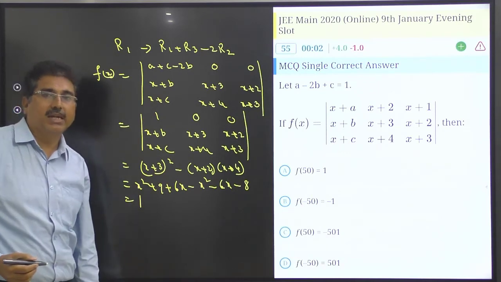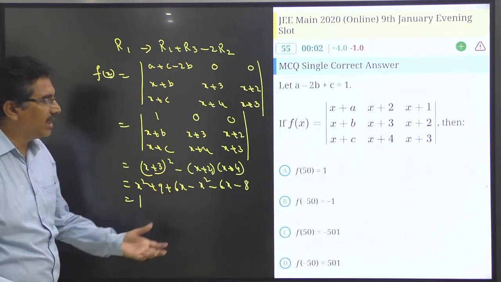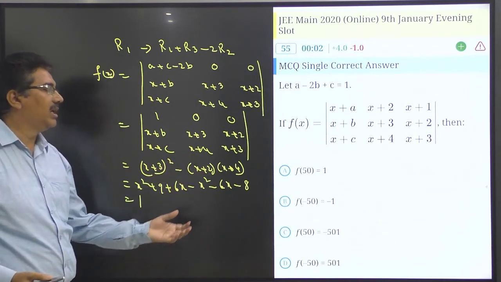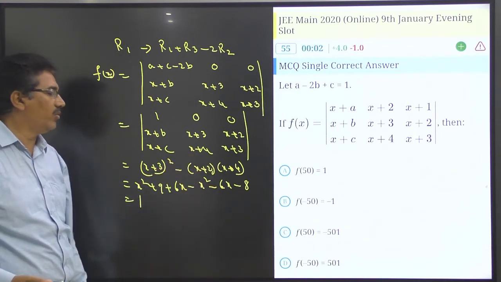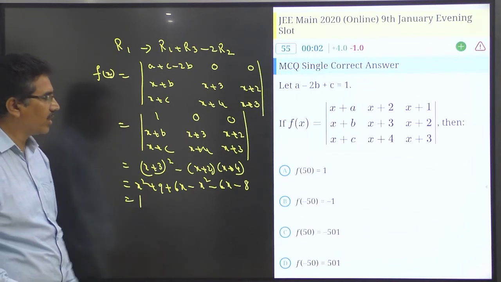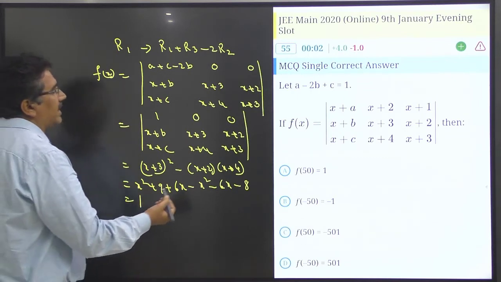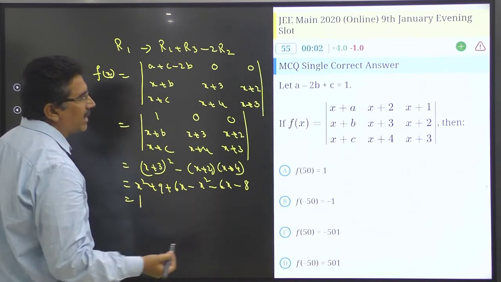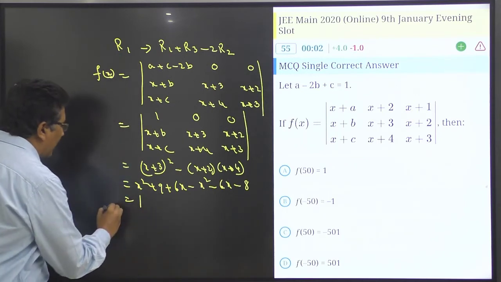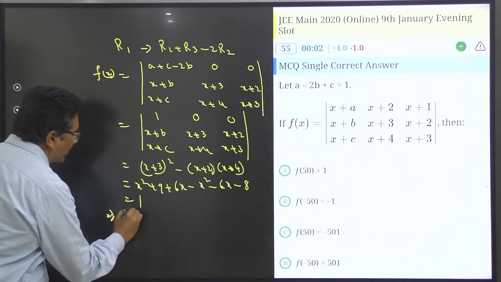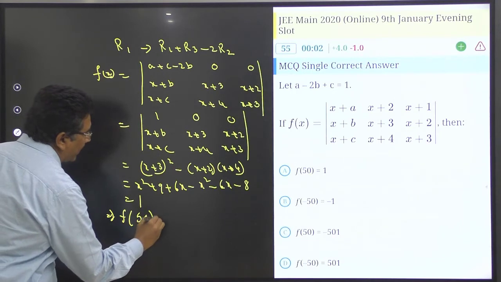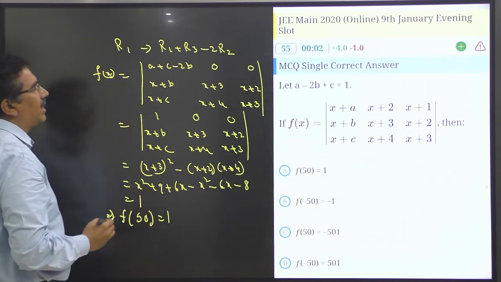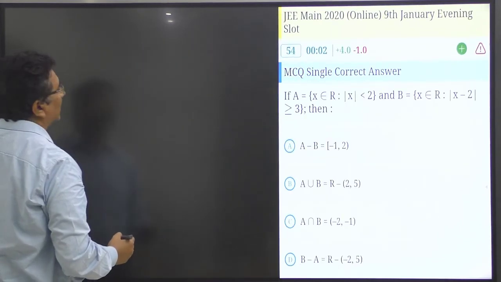So f of x is equal to 1. It is a constant function, so f of 50 is also equal to 1.